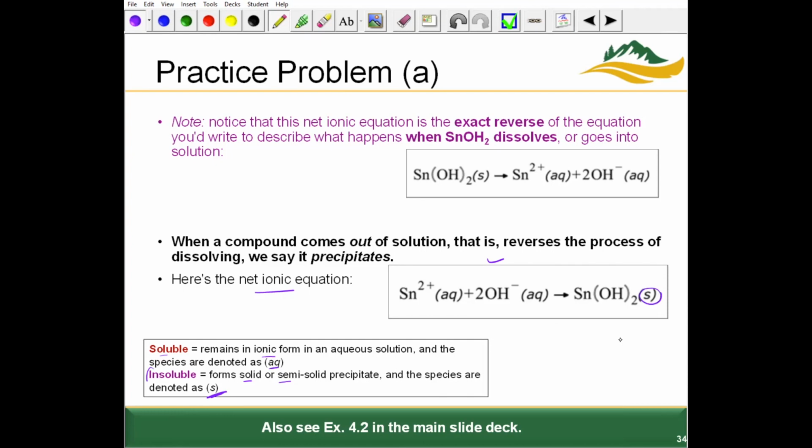One thing to also point out here is the reverse reaction. Notice we have the solid precipitate going into its aqueous ions. The exact reverse of forming this solid precipitate is when we dissociate the solid precipitate, which is what's known as dissolving or going into solution.